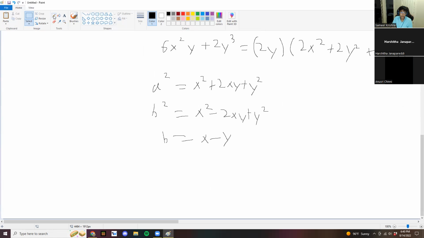So then over here we simplify that into 4x squared y plus 4y cubed plus 2xy minus 2y squared.